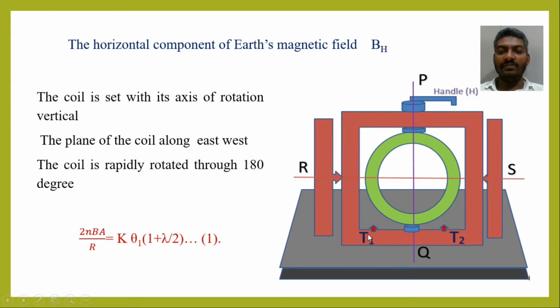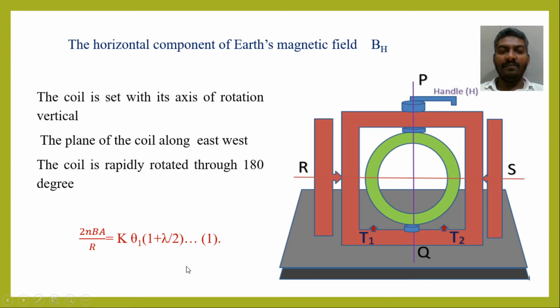When induced current flows through the external circuit, the ballistic galvanometer, which is connected in the circuit, shows deflection. Let theta 1 be the first deflection observed in the ballistic galvanometer.